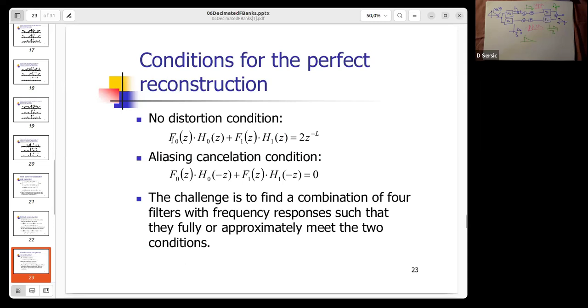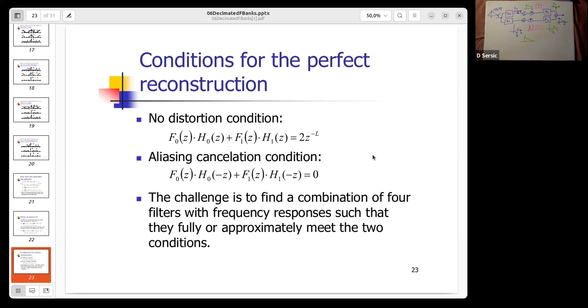One is the perfect reconstruction property, which is actually almost the same as it was for the original filter bank. And we have the aliasing cancellation condition, which achieves that even if we have aliasing, if we have a heavy overlap of the spectral parts, we still can achieve perfect reconstruction by its cancellation.